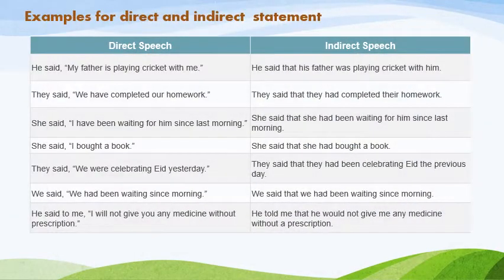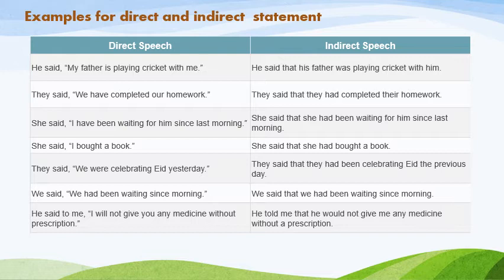Some examples of how to transfer the statement from direct into indirect. For example, if I have a sentence like, he said, "My father is playing cricket with me." The indirect speech will be, he said that his father was playing cricket with him. As you see, there are a number of steps here.